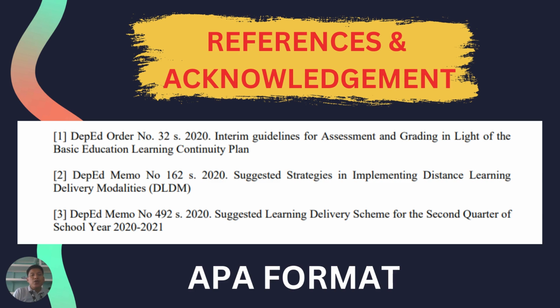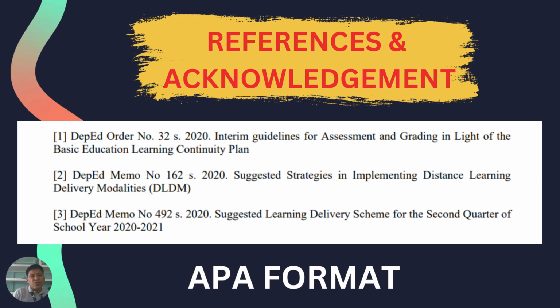And the last part is we have here the references and acknowledgement. What is the reason? You need to add your references which we use as your legal basis in conducting research. So I have here 3 DepEd orders that we mentioned are connected on our research paper. And for the references, it should be in the APA format. There are some tools on the internet for the proper citation for the APA format.